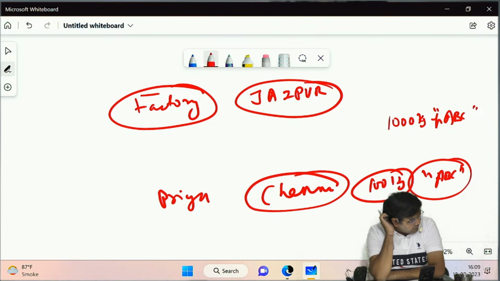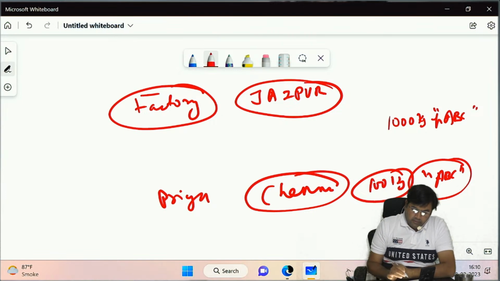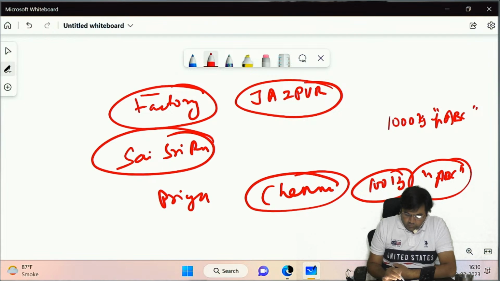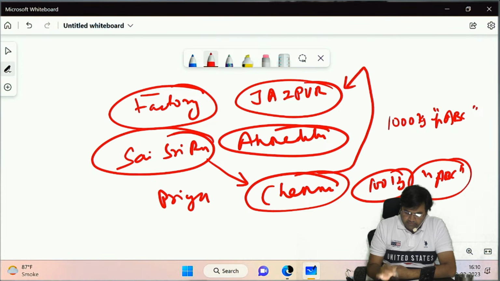So I said, okay, fair enough. So Priya spoke to Sai Sri Ram, who is in Ahmedabad. This Sai Sri Ram basically supplies to Priya and Priya supplies to Amit.